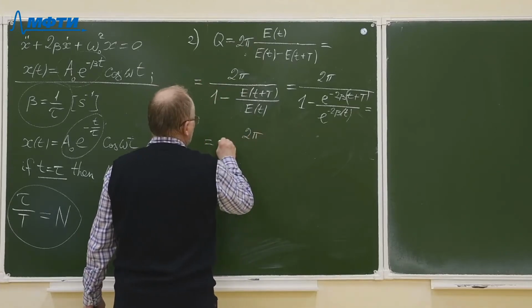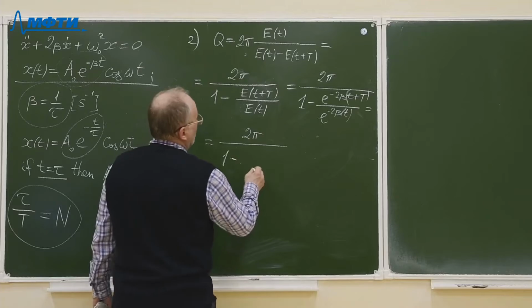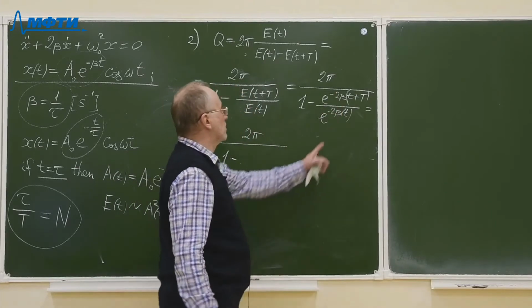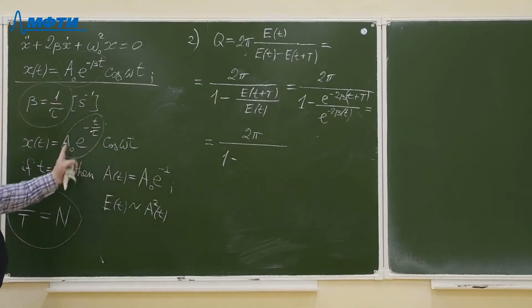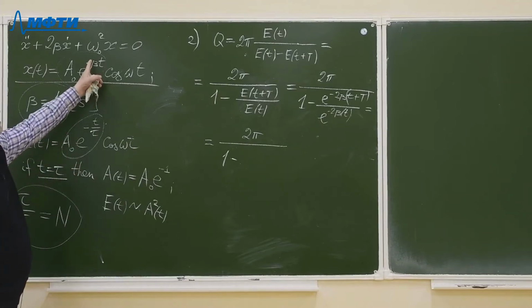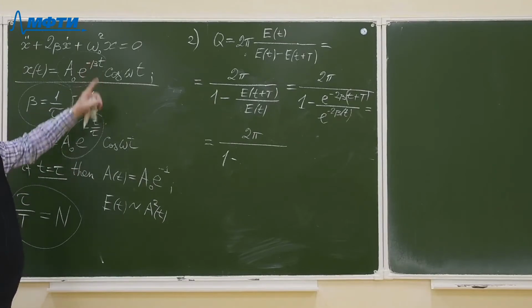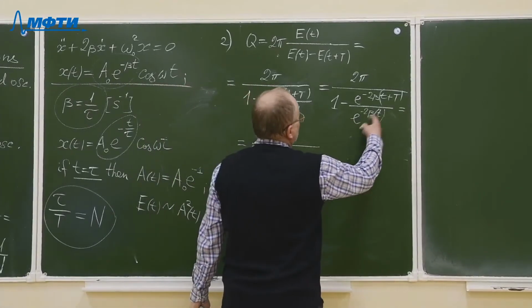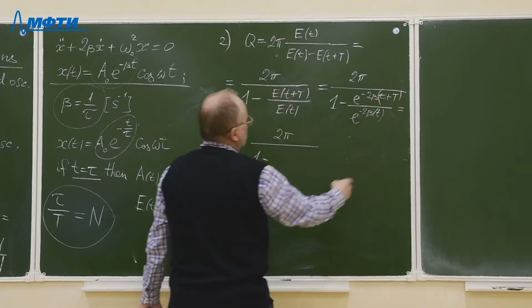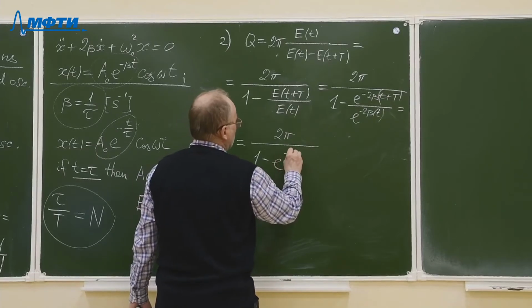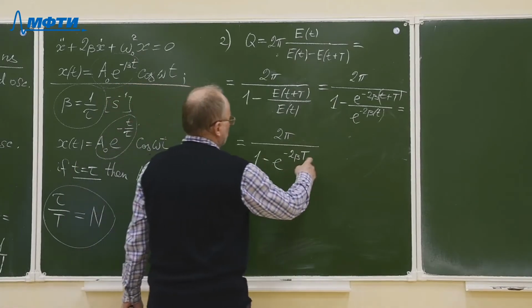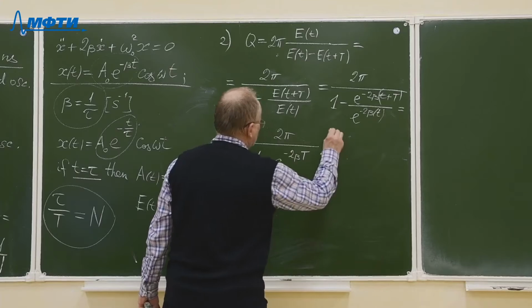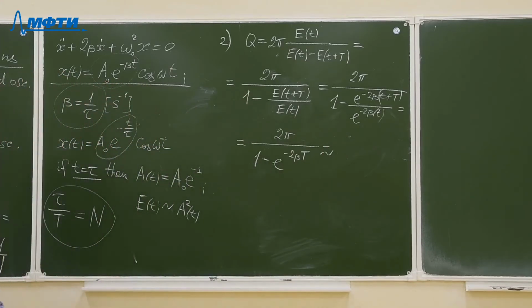And what remains here will be 1 minus exponent minus 2 beta capital T, the period of oscillations, because the energy is proportional to the square of the amplitude, and when we take the square of this function, we obtain a factor of 2 before beta. Approximately, this is approximately what?